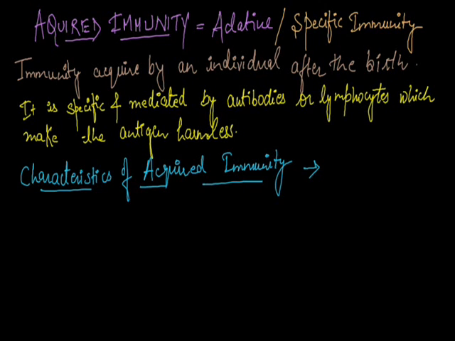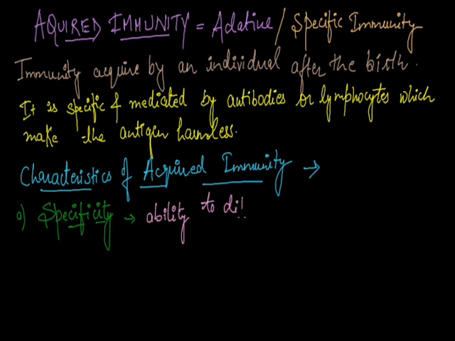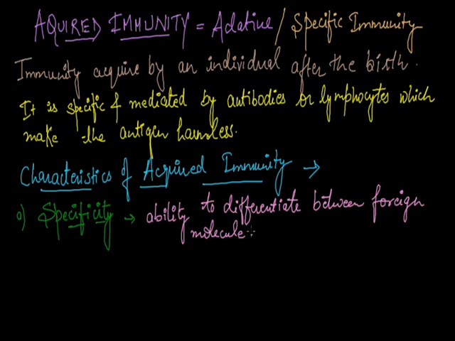In the characteristics of acquired immunity, the first one is specificity. This is the ability to differentiate between foreign molecules. It provides the specificity for self and non-self. Non-self, that is foreign molecules, will be recognized and eradicated or destroyed by antibodies or lymphocytes.